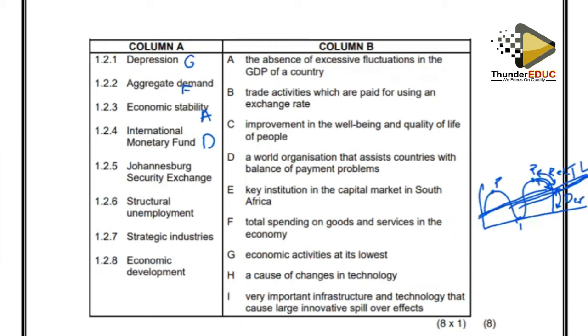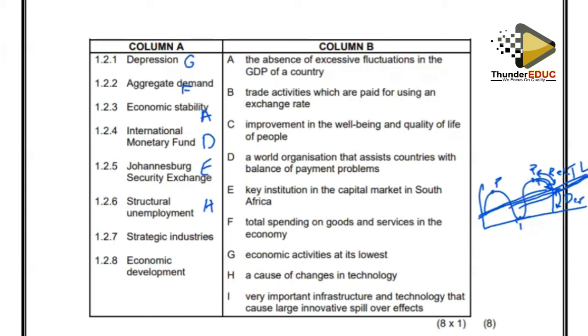Then we have 1.2.5. 1.2.5 calls for E, which is a key institution in the capital market in South Africa. Now we also have 1.2.6, which is H, a cause of changes in the level of technology. Now let's move on to 1.2.7, which is strategic industry.